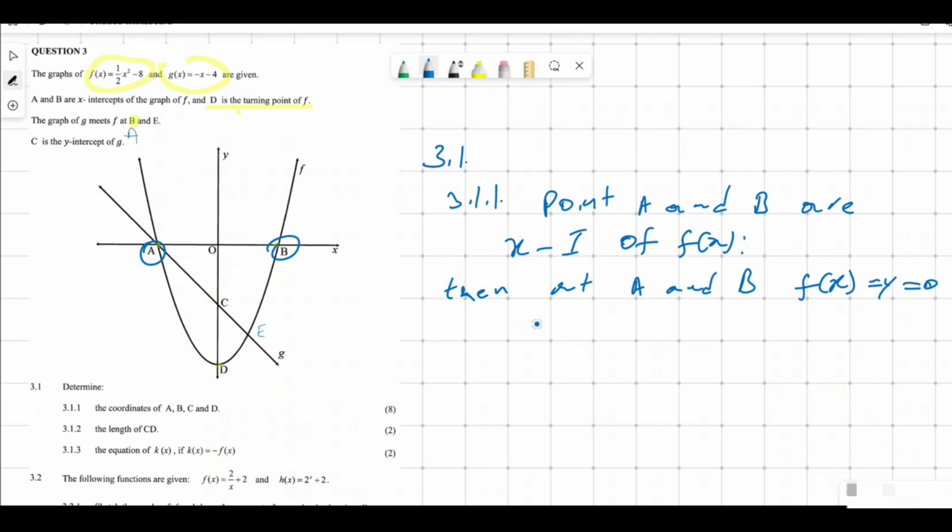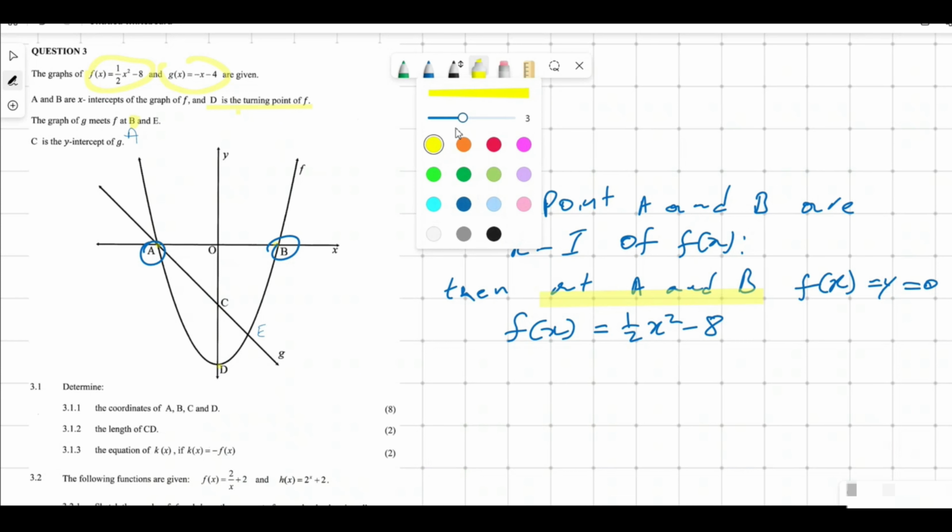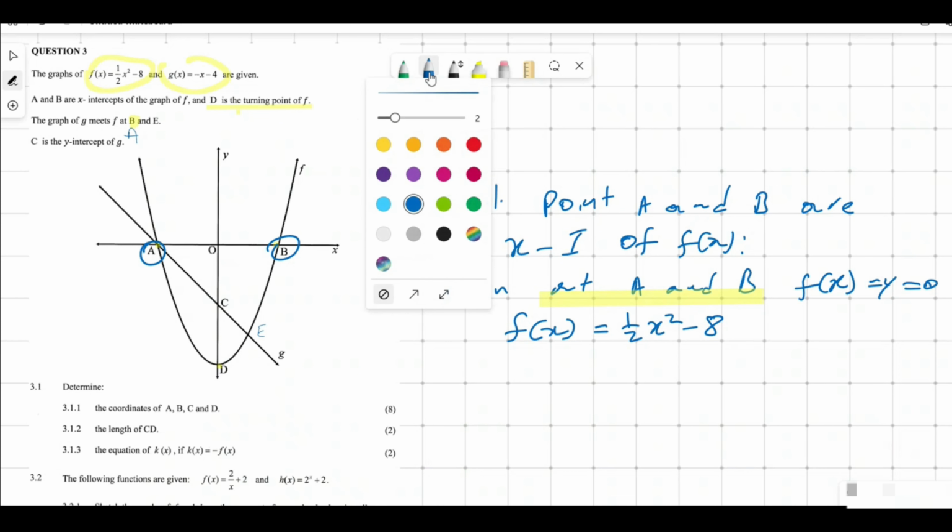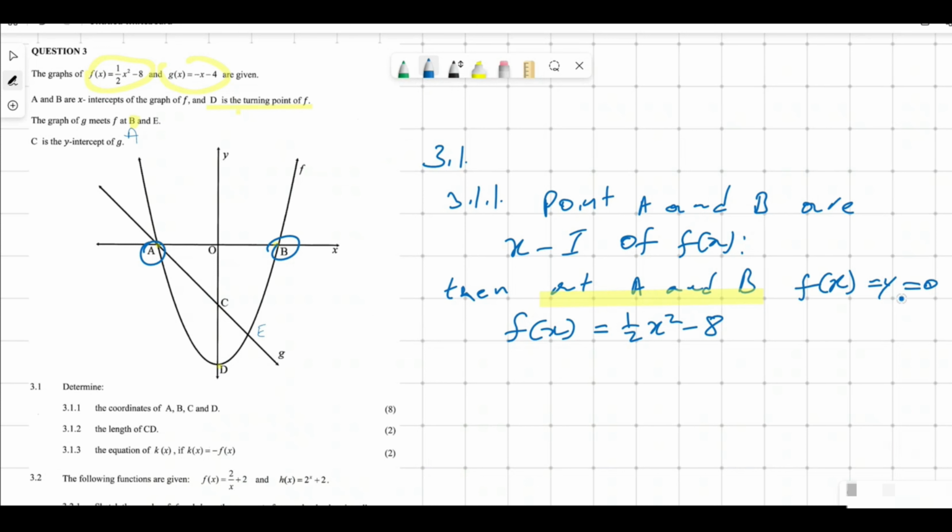We have f of x equals 1 over 2 x squared minus 8. At A and B the value of y is 0, so we substitute 0 here.